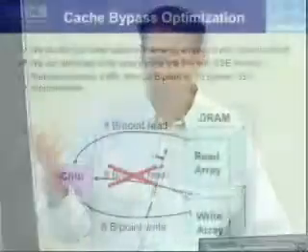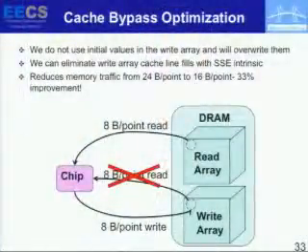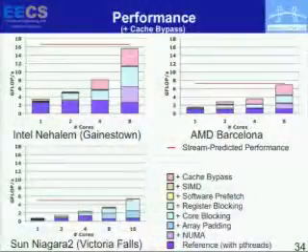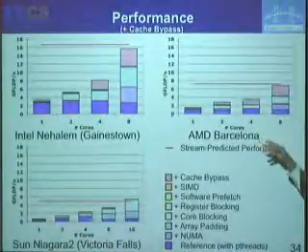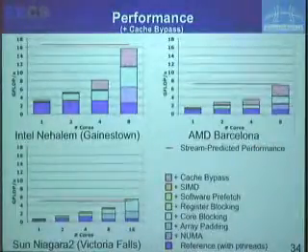So we can actually get rid of that by using the proper cache bypass intrinsic. And that reduces our memory traffic from 24 bytes per point to 16 bytes per point, which is huge. You're reducing it by a third, so you should see a commensurate increase in performance. And we do. So the cache bypass instruction here is shown in pink. And you can see here that it does extremely well for both of the x86 architectures. So that was actually very valuable.